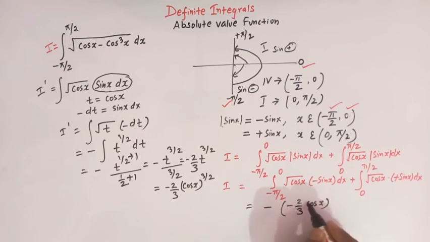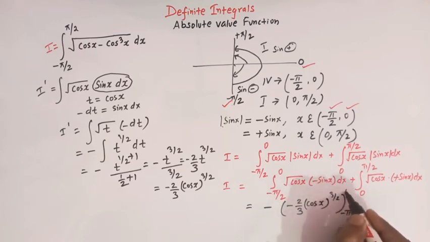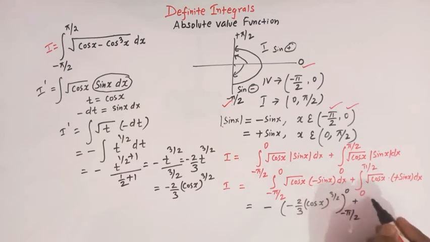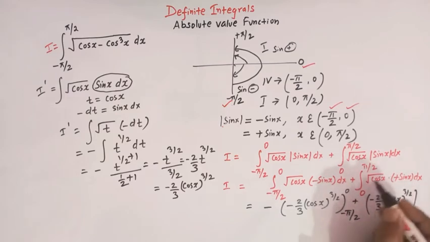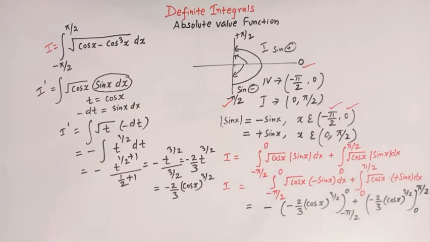cos x raised to 3 over 2, and the limits of integration are from minus pi by 2 to 0, and here we have minus 2 over 3 cos x raised to 3 over 2, and the limits are from 0 to pi by 2, right?